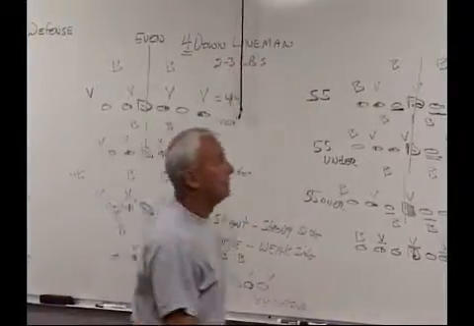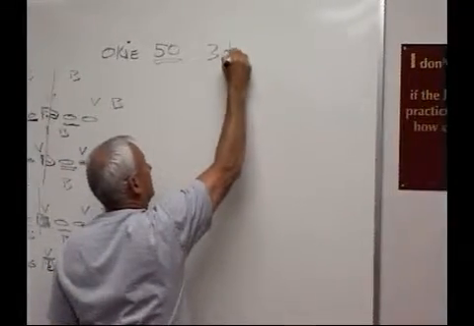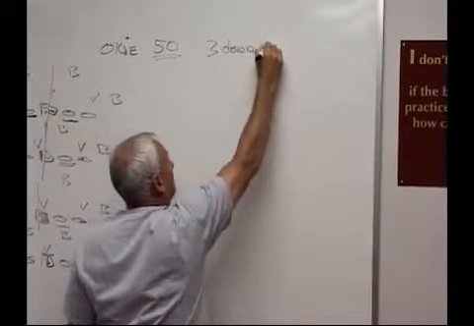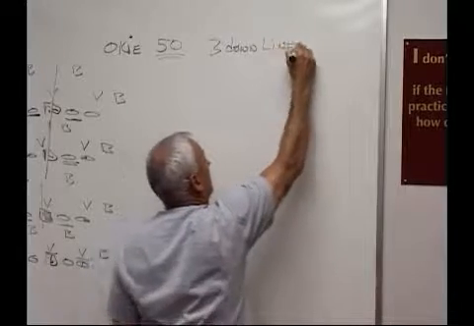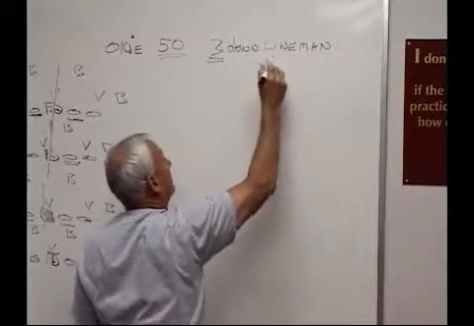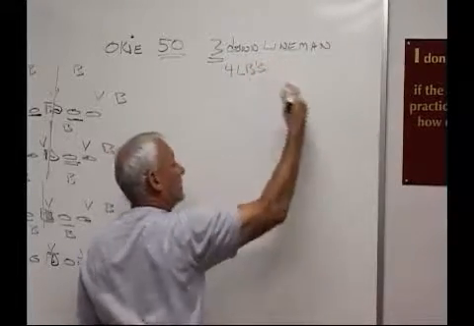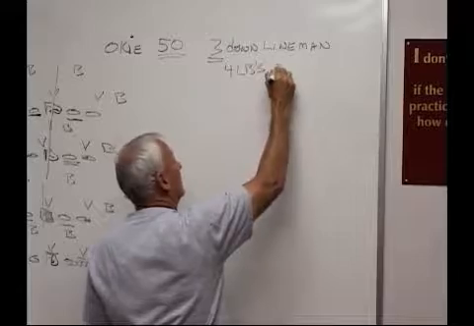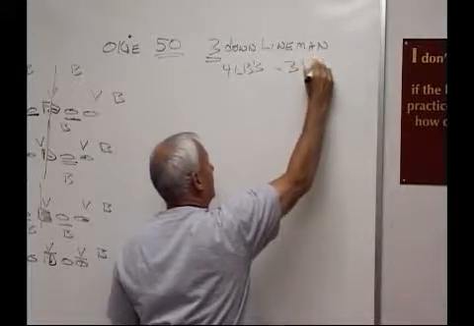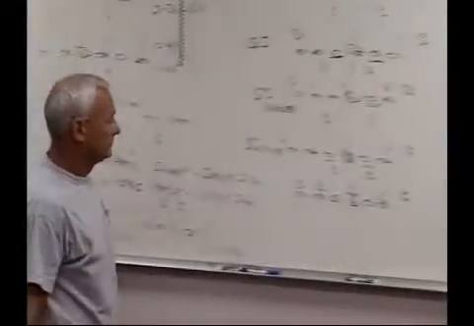In the Okie front, I've got 3 down linemen, and I've got 4 linebackers, unless we're playing an odd stack, and I've got 3 linebackers.